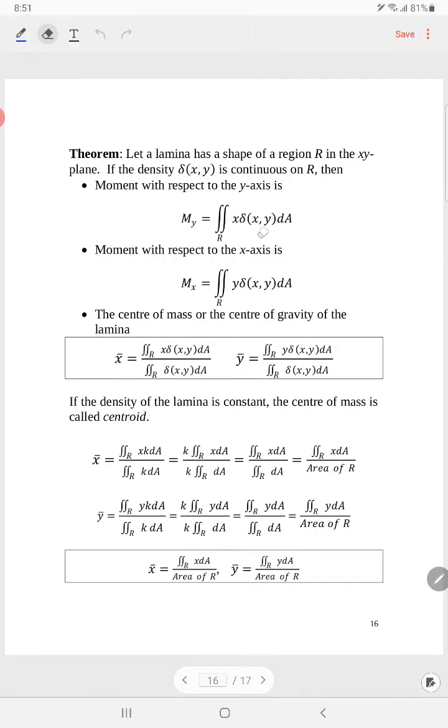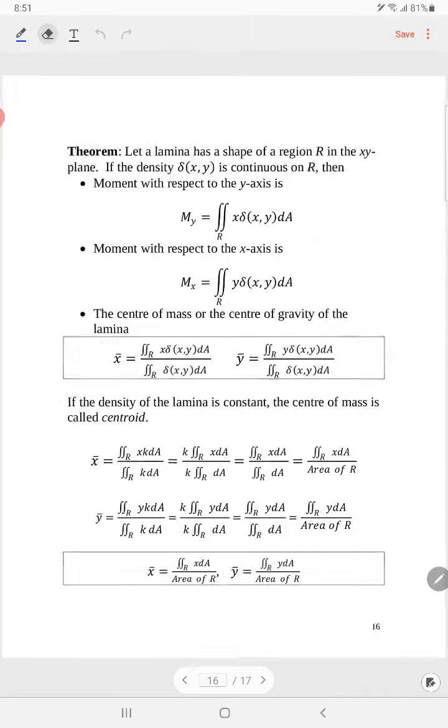So x times density integrated over region R is what we call the moment with respect to the y-axis, denoted by my. The moment with respect to the x-axis is denoted by mx, equal to y times density integrated over region R.